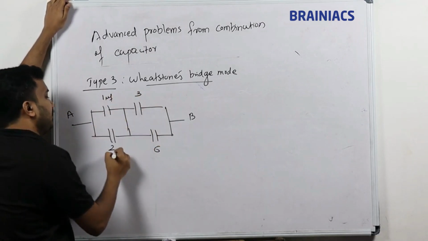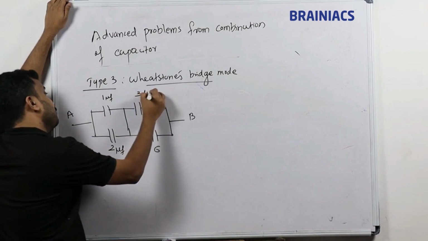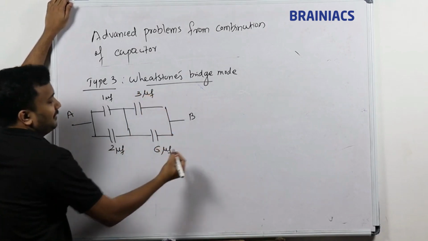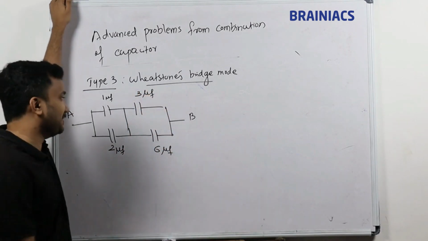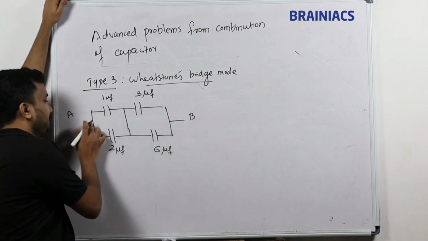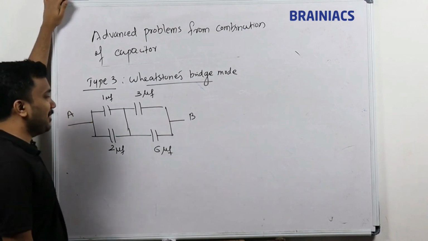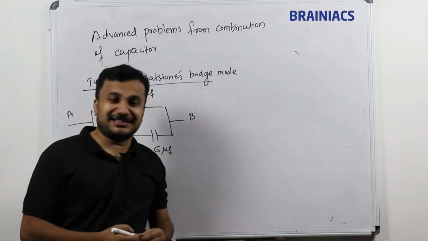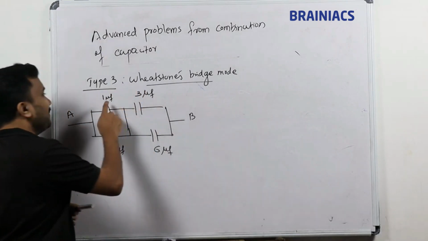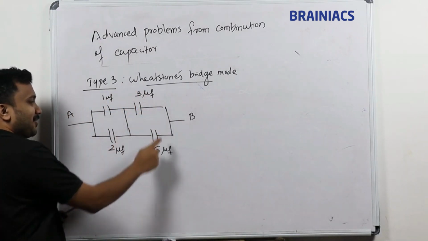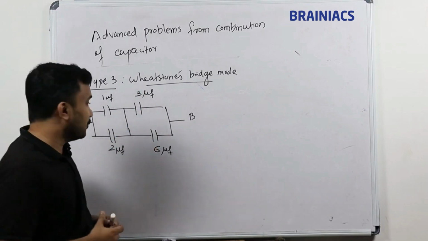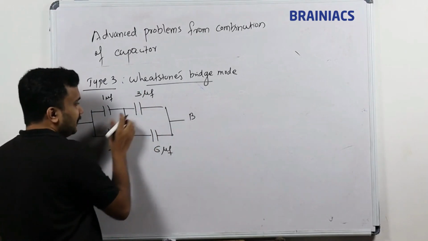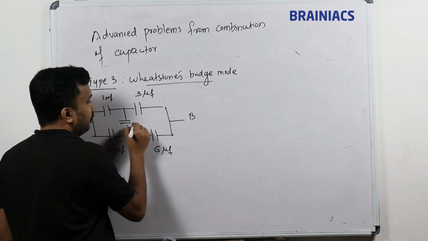I am really hesitant to write microfarad because of laziness, but what to do, we need to correct it, right? Microfarad. So 1 microfarad, 2 microfarad, 3 microfarad, 6 microfarad. Next, here I missed out, here I have a 4 microfarad.